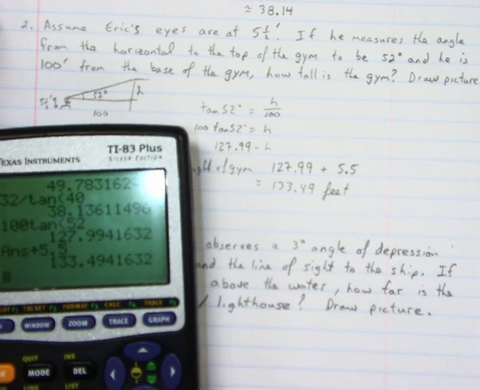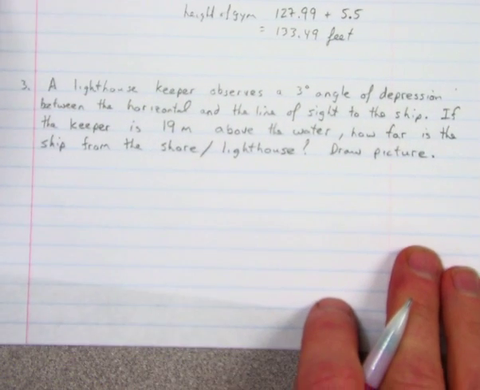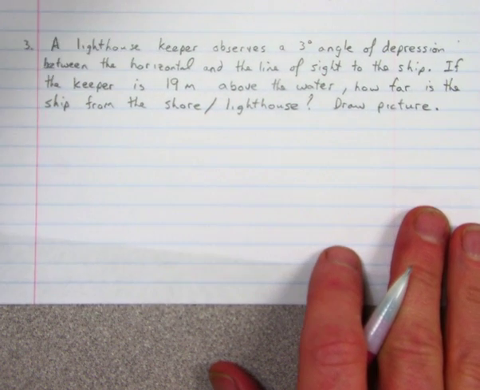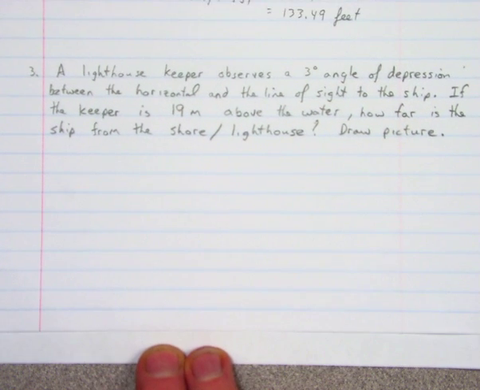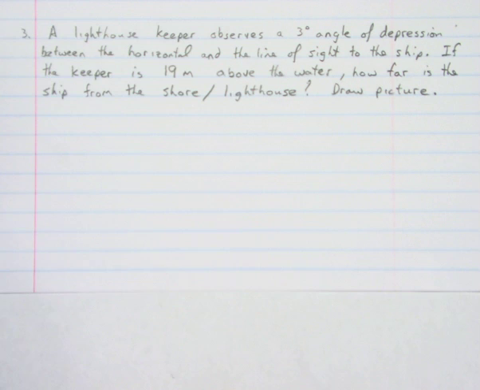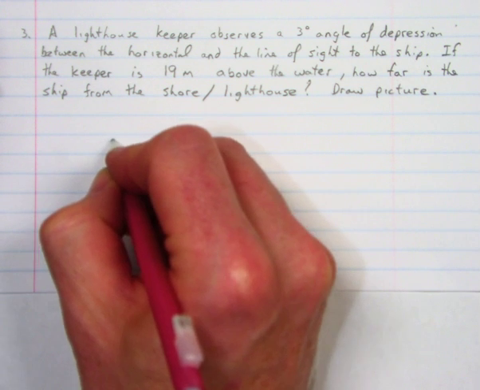The next problem. I wanted to go over this one because this is a common one that people have trouble with. A lighthouse keeper observes an angle of depression between the horizontal and a line of sight to a ship. If the keeper is 19 meters above the water, how far is the ship from the shore or lighthouse? Well, let's draw a little picture here.